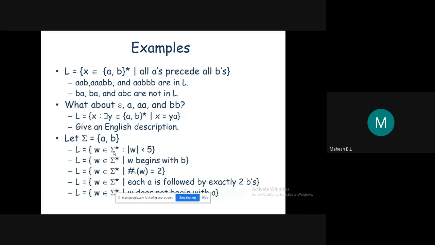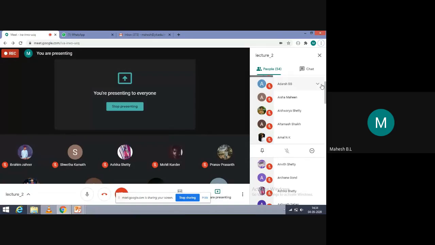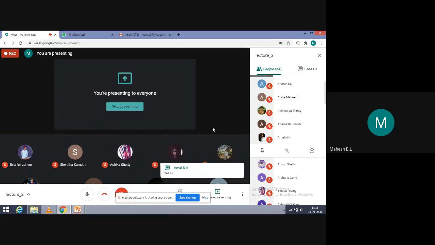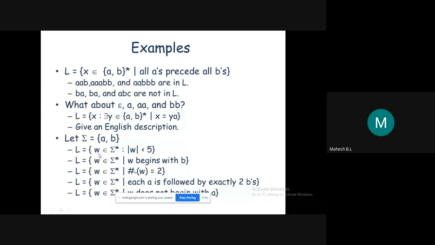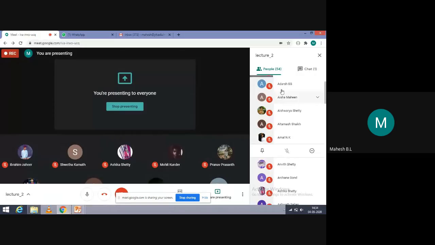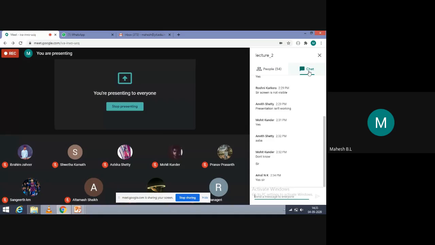Yes, Amal, are you there? Yes, give an example. Give an example for this language where the length of W is less than 5 and W is formed using A and B. String formed using A and B, length less than 5.